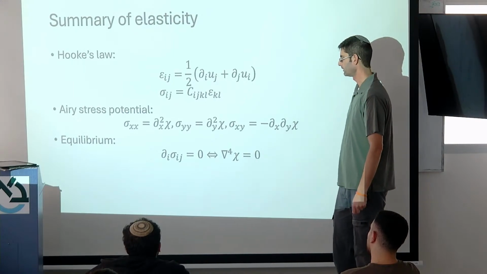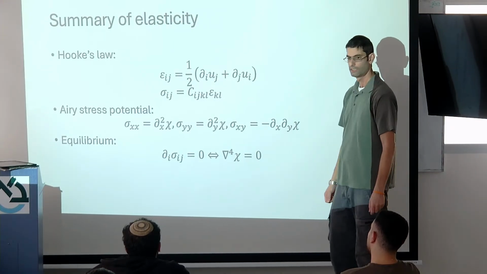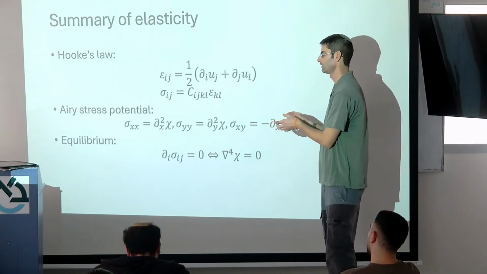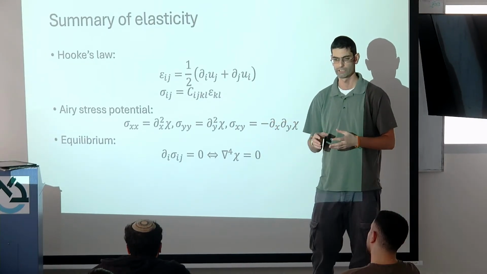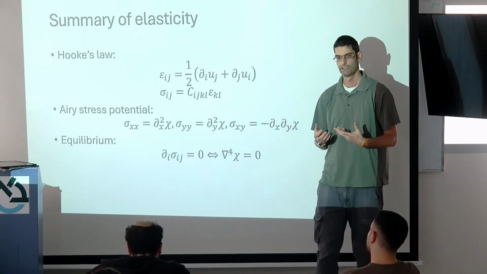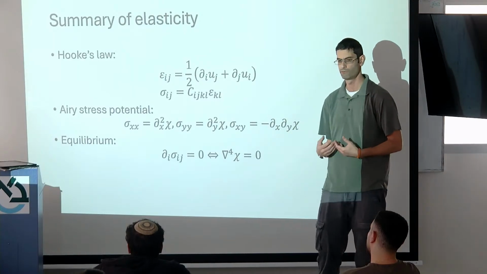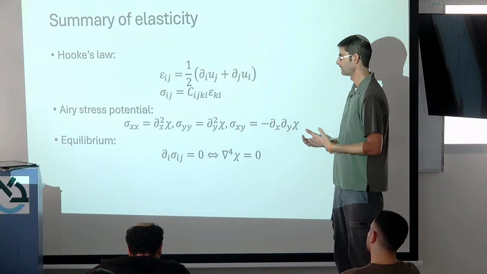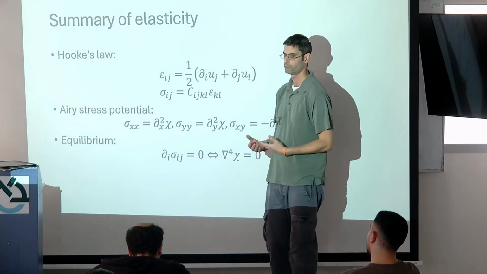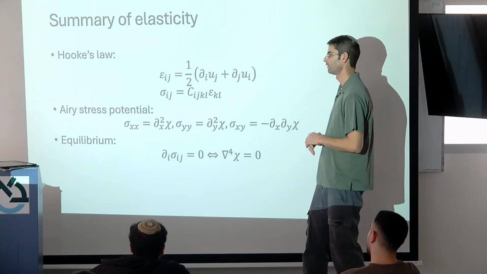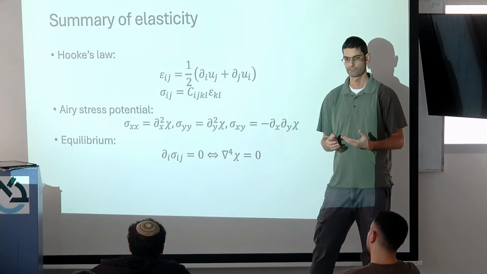The second thing that I pointed out to you, and I want to stress that there's no way that in one class I'm going to be able to teach you the tricks and trades of how you solve problems in elasticity. But I do want you to take from this class what the formalism is and how it helps us think about problems. One thing that's very useful when doing theoretical work on two-dimensional materials is that you can always map them to electrostatics.